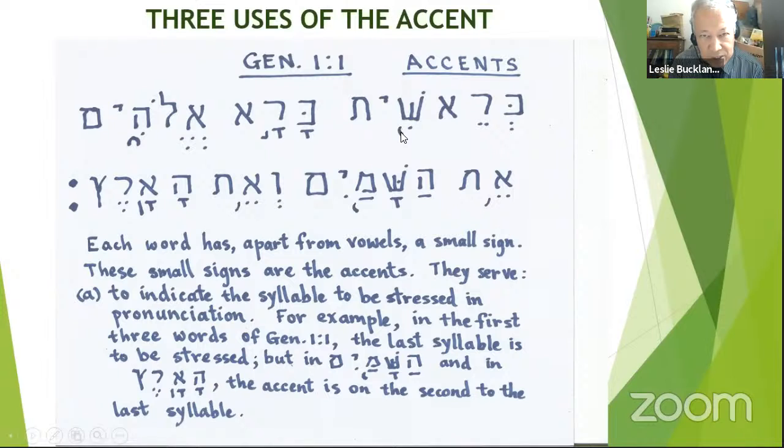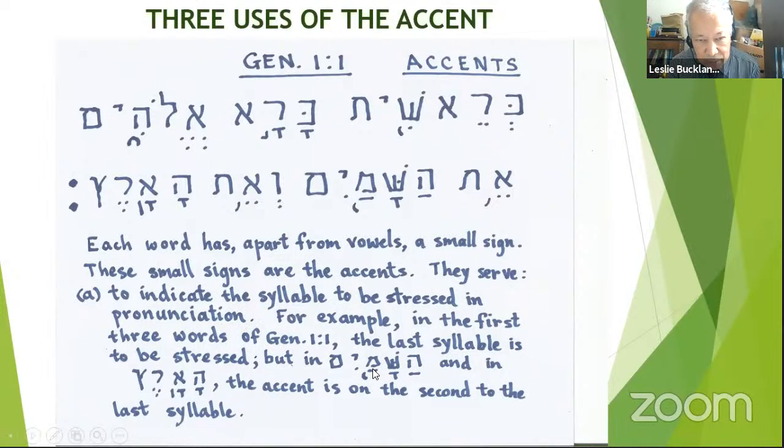Sheet has an accent mark. Ra has an accent mark. Him has an accent mark. In each of these three words in the beginning of the Bible, the last syllable of each word is to be stressed. Bereshith, bara, Elohim. So it indicates the syllable to be stressed in pronunciation.